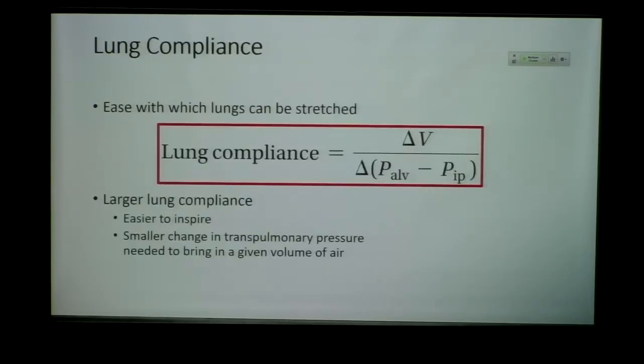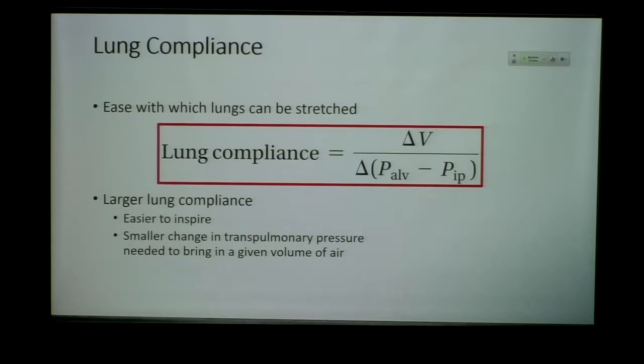Okay, so compliance in the lung is very similar to what we saw in the cardiovascular system. It's the ease with which the lungs want to be expanded or stretched in order to accommodate that flow of air. Now we can use this equation to represent lung compliance. So the pressure change here at the bottom, and we know that this represents our, what value does this represent?